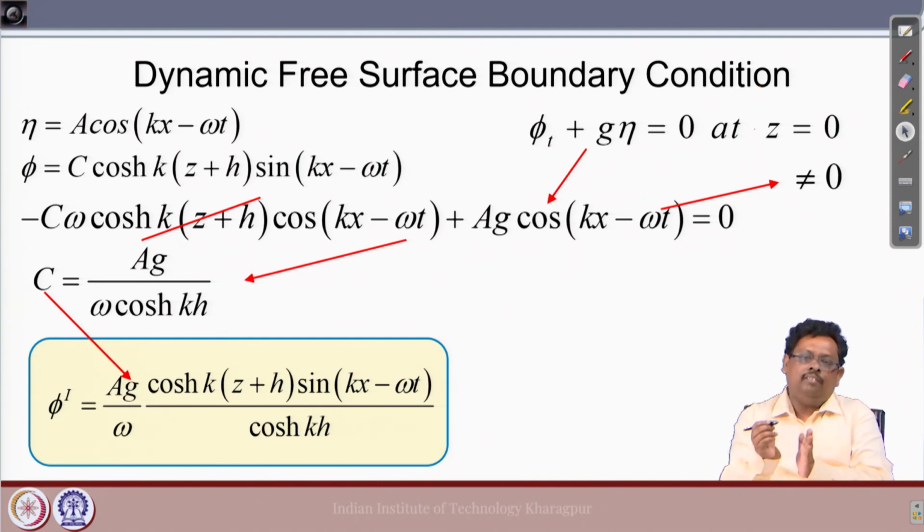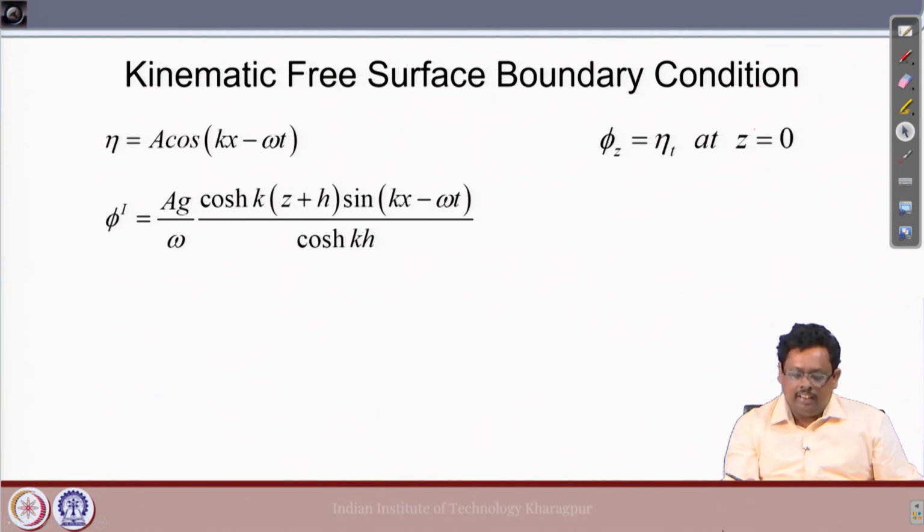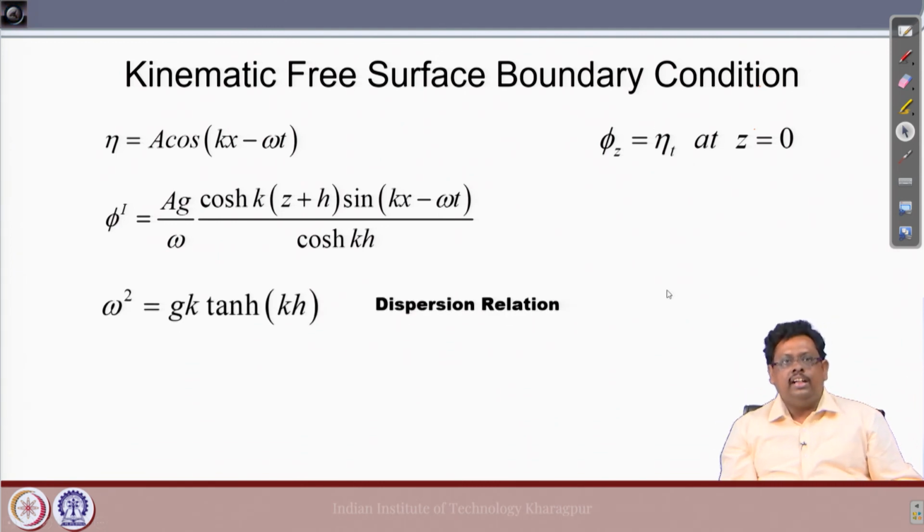You see we have another boundary condition. If I apply this kinematic free surface boundary condition, that means phi z equal to eta t at z equal to 0, then you will get a relation between omega and k, which is called the dispersion relation.